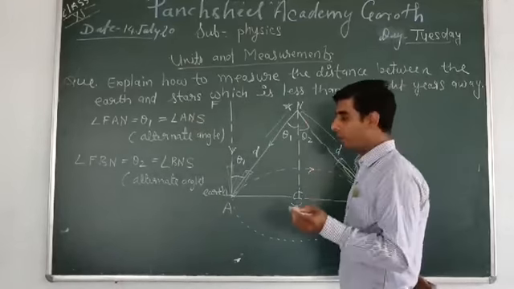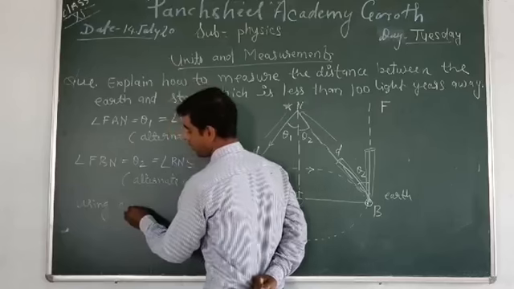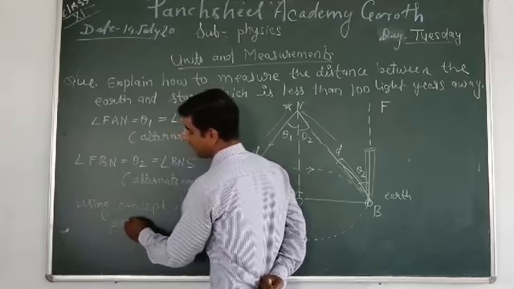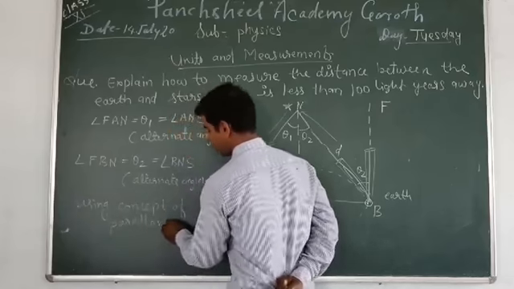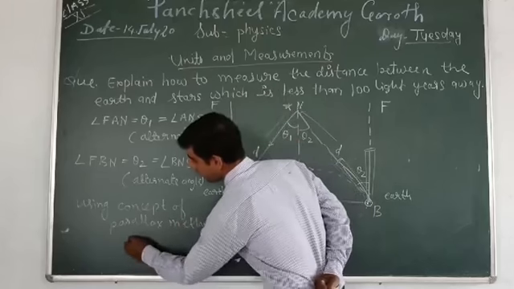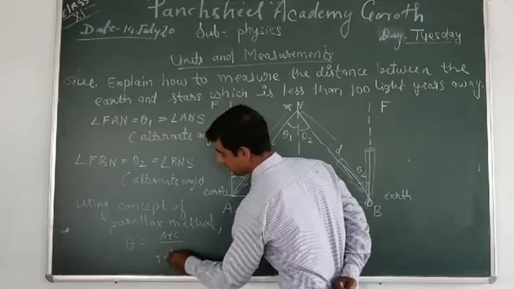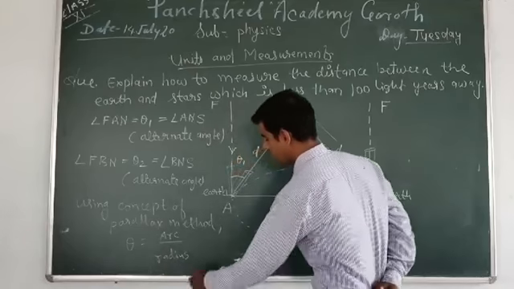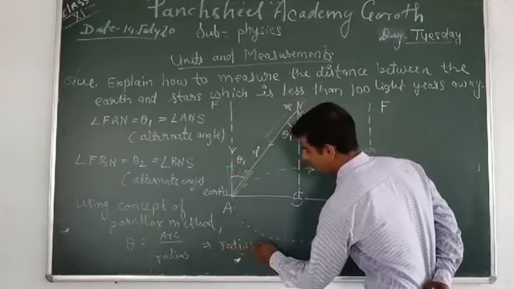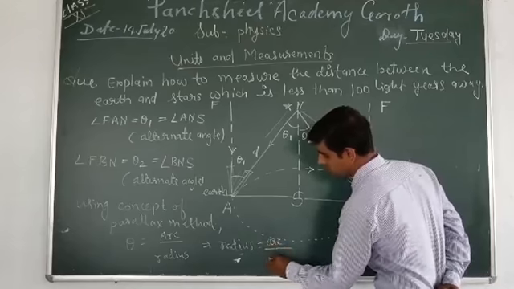From the concept of the parallax method, theta equal to arc upon radius, or radius equal to arc upon theta.